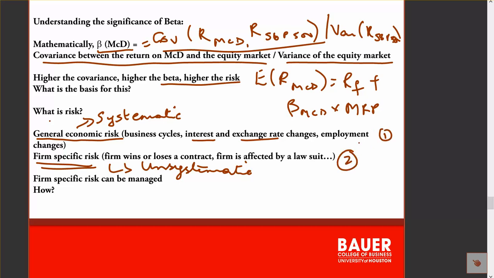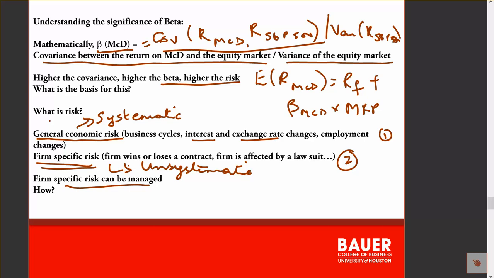Okay. The thing that's important to keep in mind is that firm-specific risk can be managed. Can be managed, meaning can be controlled to some extent by an investor, in the sense that instead of holding just McDonald's stock, you can hold McDonald's stock and say some other restaurant stock or something else.